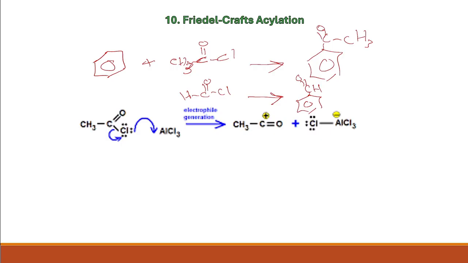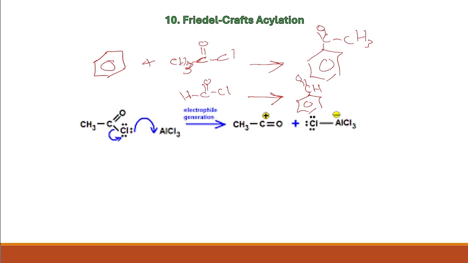The mechanism of the reaction has two steps. For this reaction, we need to use aluminum chloride as a catalyst. Aluminum chloride will act as a catalyst to generate the carbocation, or the electrophile. The electrophile is generated from, for example, ethanoyl chloride with aluminum chloride.